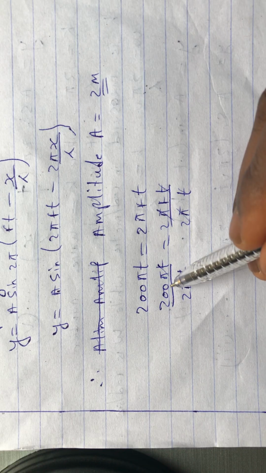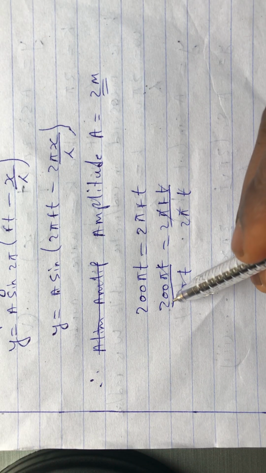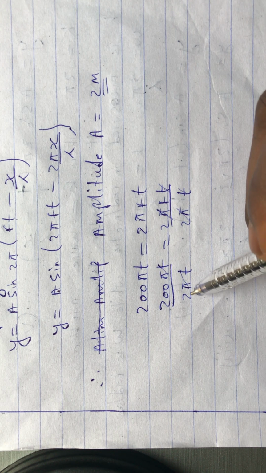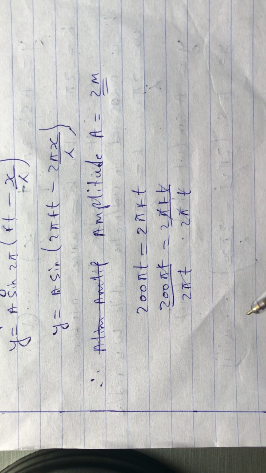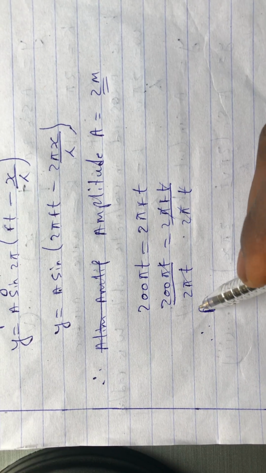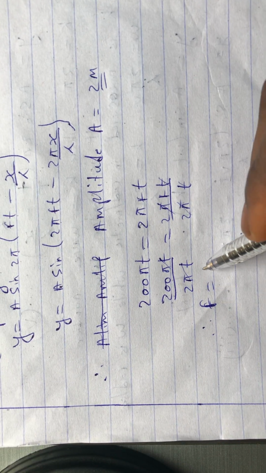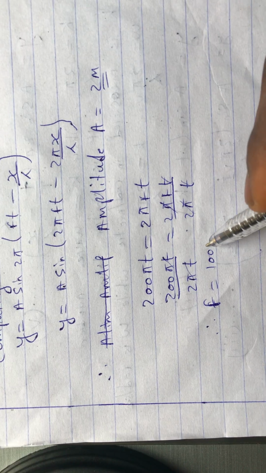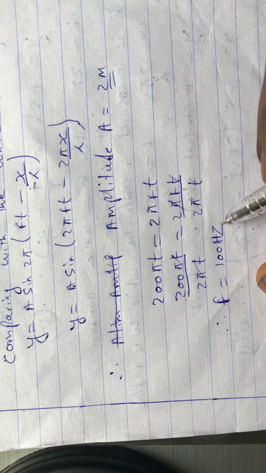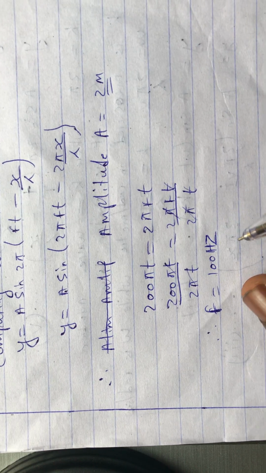So we have 200 and we have 2. 200 divided by 2 will give you 100. Therefore, our f is equal to 100. Hence, our frequency is measured in hertz. This is Hz.